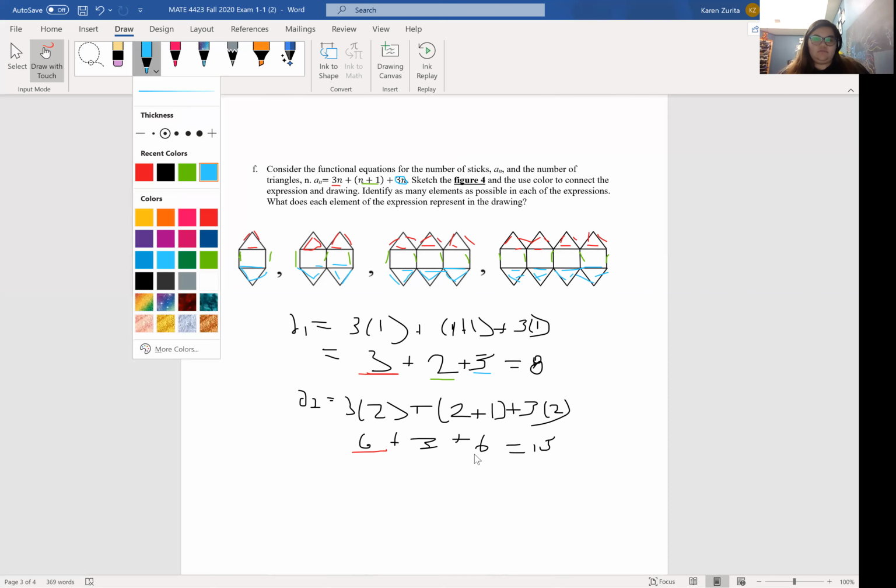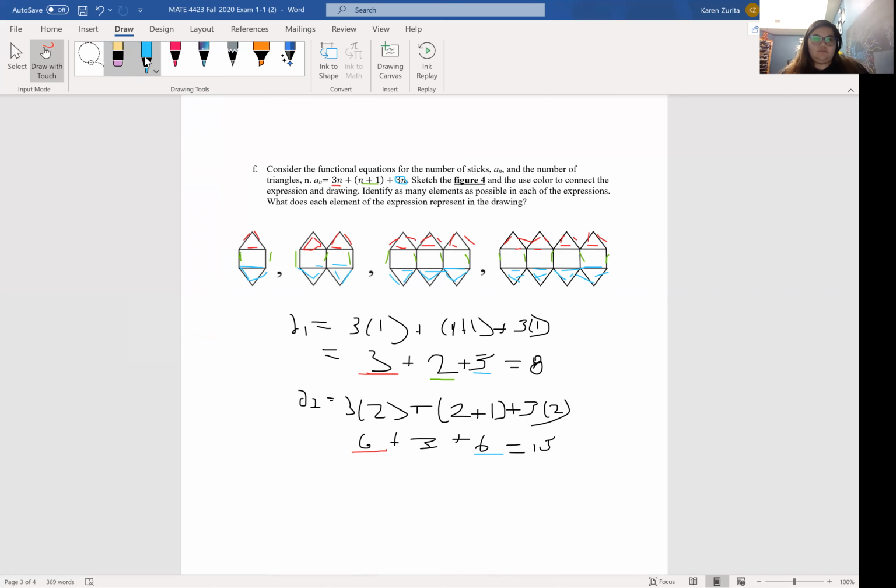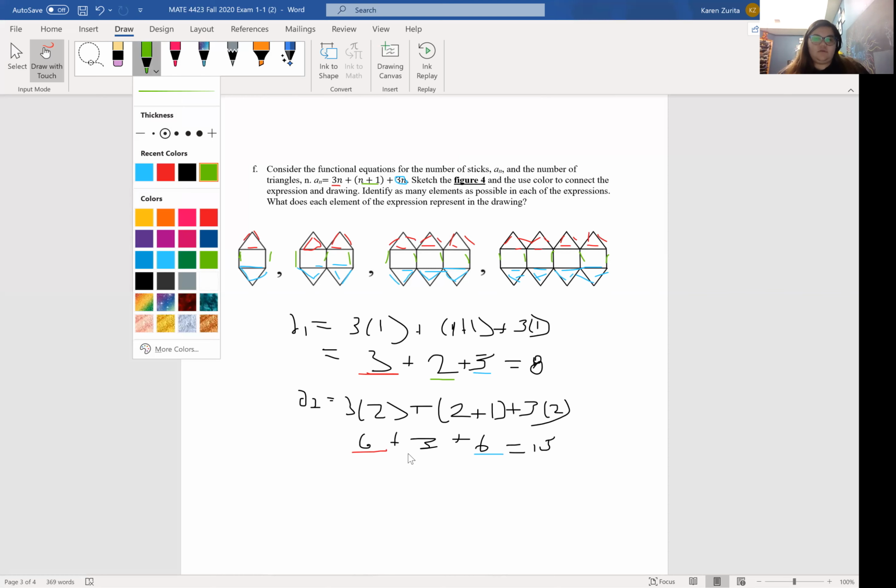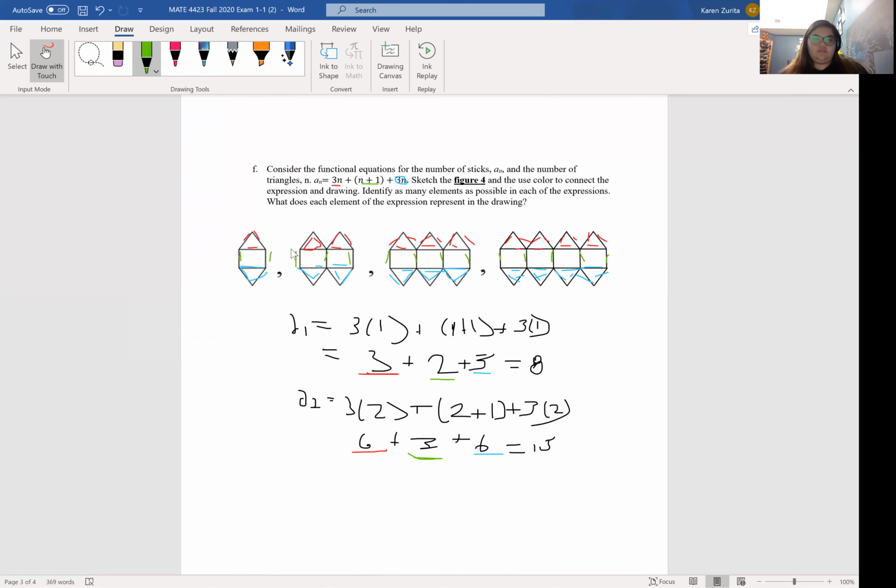This 6 represents the 6 on the bottom that it takes to make the 2 triangles. And these 3 are the 3 toothpicks that it takes to connect the 3 triangles. And you can do that for A3 and A4 too, to see that here it would take 9 toothpicks on top and 9 toothpicks on bottom, and then 4 here, and so on.